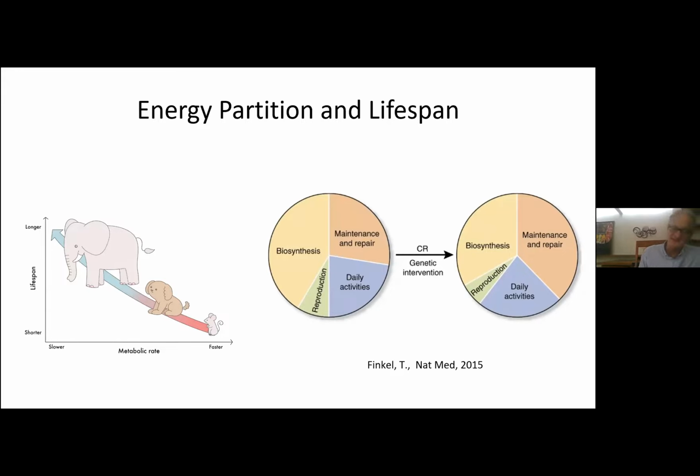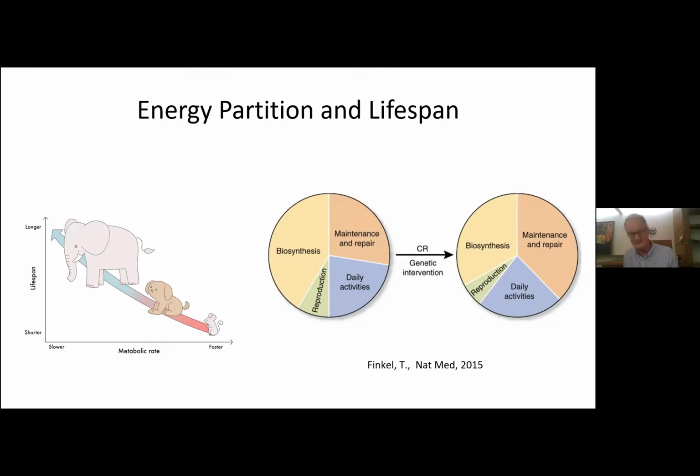So I just want to end a little bit coming back to this idea of metabolic rate and lifespan. And again, this is an interesting correlation that's been known for about 30 years, since Raymond Pearl described what he called the rate of living hypothesis, which suggests that there is an inverse correlation between metabolic rate and overall lifespan.